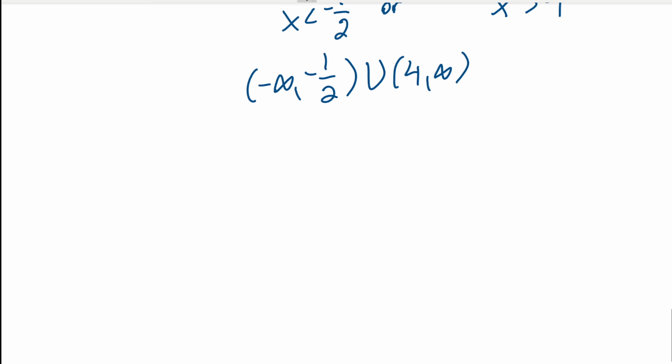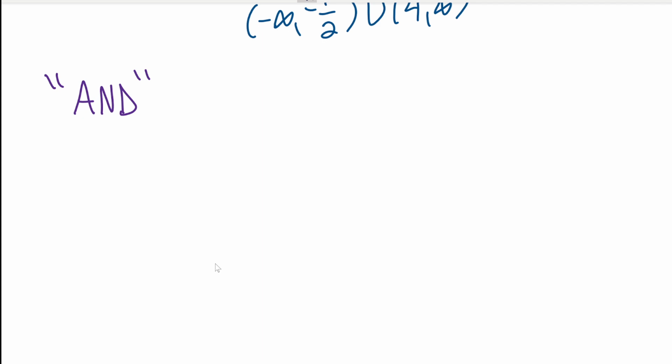So let's look at the "and" inequalities now. This would be something like if we say x is greater than or equal to 3 and x is less than or equal to 7.